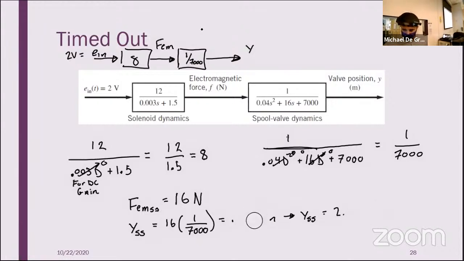One of those is wrong. Let's go back to the notes. It says 0.000229. My notes are for the other section. Apologize. Should be 2.3.